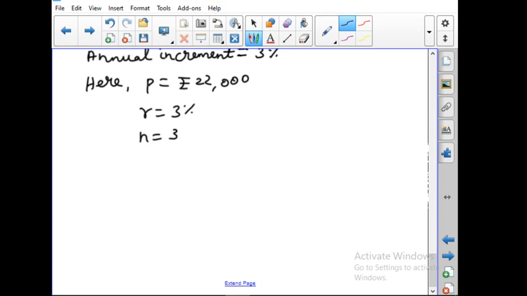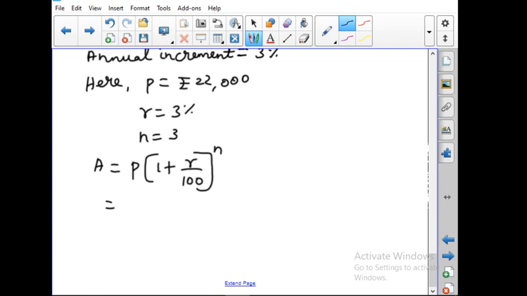Because here also the fourth year means the end of the third year. So N equal to 3. So we know the formula A equal to P into (1 plus R by 100) whole power N. Annual increment means we use the plus formula. Decrement means we use the minus formula.